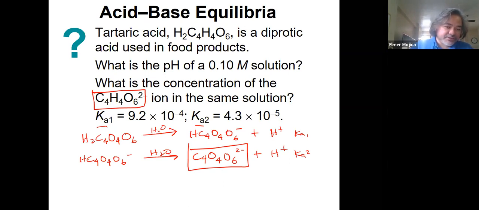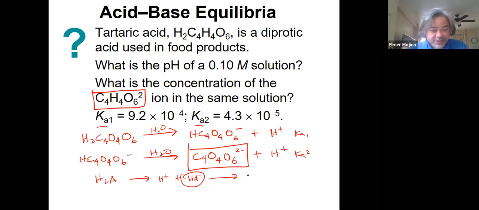So you have an H2A that dissociates to give H plus and HA minus, and the HA minus further dissociates to give A2 minus and an H plus. So you have to do it one by one.